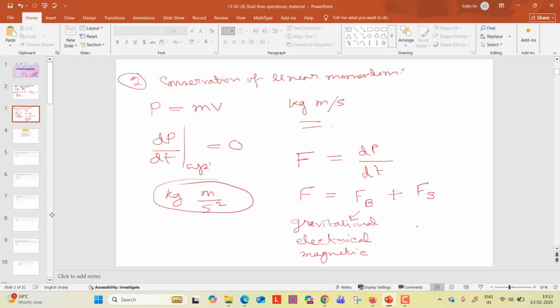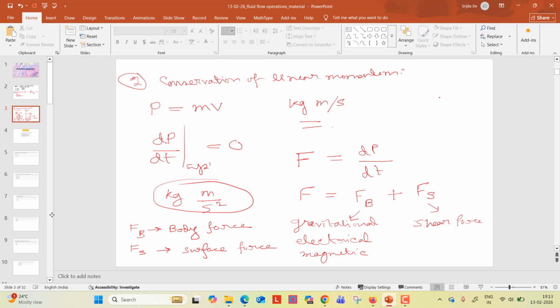And what comes under the surface force? So Fb is the body force and Fs is the surface force. Okay, so this surface force includes shear force, because we all know that we have learned about shear stress, right?